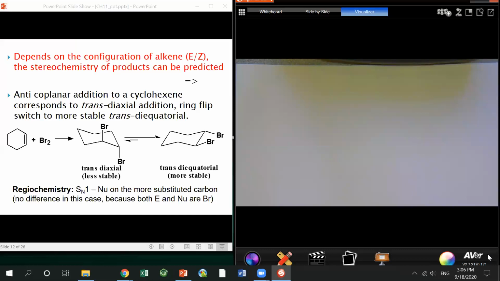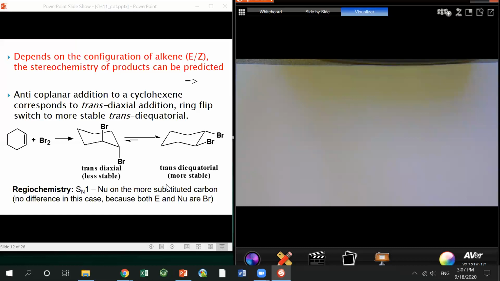All right, so for the stereochemistry, we will follow anti-addition. For the regiochemistry, theoretically it should be similar to mechanism 1: the nucleophile adds to the more substituted carbon, and the electrophile adds to the less substituted carbon.